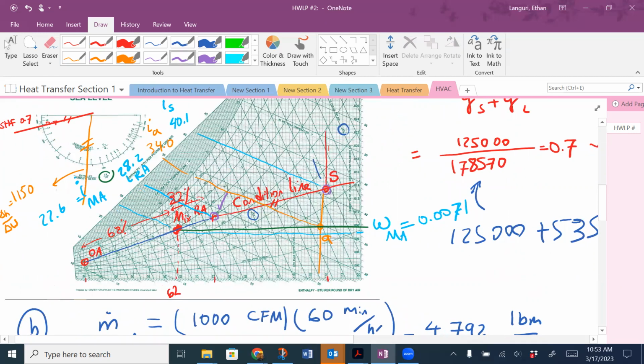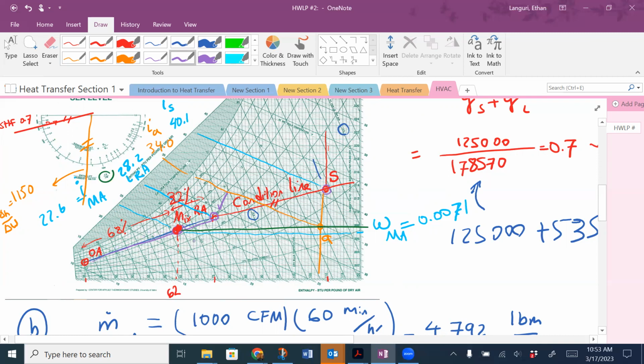So I fixed my supply, and I had my outdoor air condition. I showed my line, that my mixing happened along this line. And I showed that my mixing happened 68% far from the less mass flow rate incoming flow, which was outdoor air. So from this, I showed my mixing point.